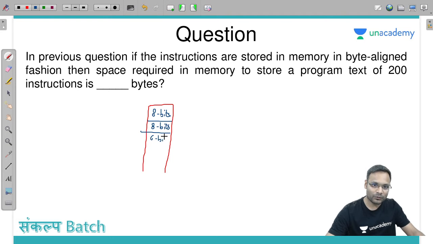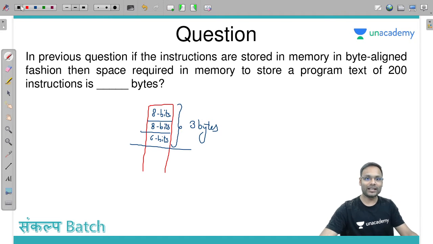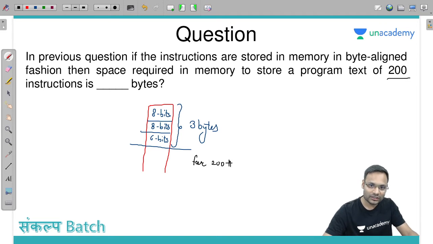So the remaining 6 bits will be stored on the next location. Total how many bytes has it occupied? Answer is 3 bytes per instruction. For 200 instructions, 200 into 3, 600 bytes.